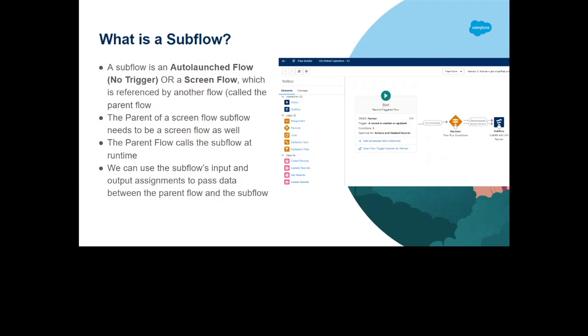So we can trigger our autolaunched flow that way, right? Another feature that's important for the subflow is we can create variables and we can get data from our parent flow and use that for processing.